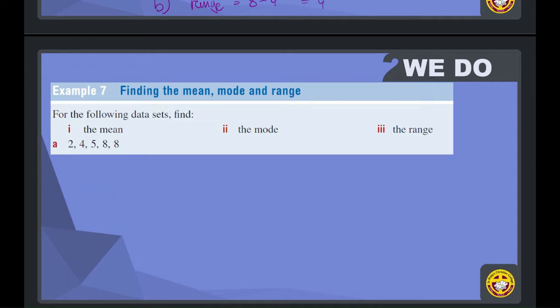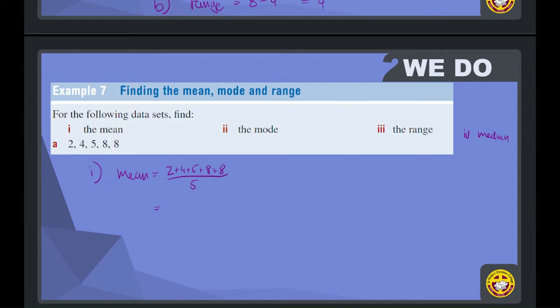All right. I want you guys to jump in and have a go at this one with me. We're also going to do, I'm going to add part 4 here, median. All right, let's go. Mean. Okay, I'm going to write this down every time because I want you guys to see what we're doing.